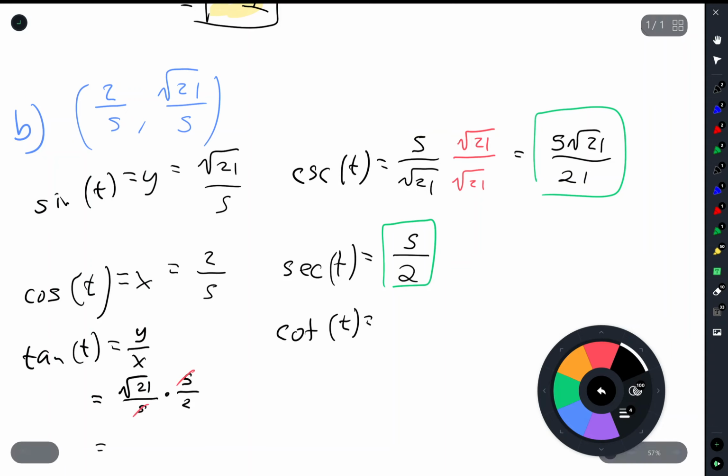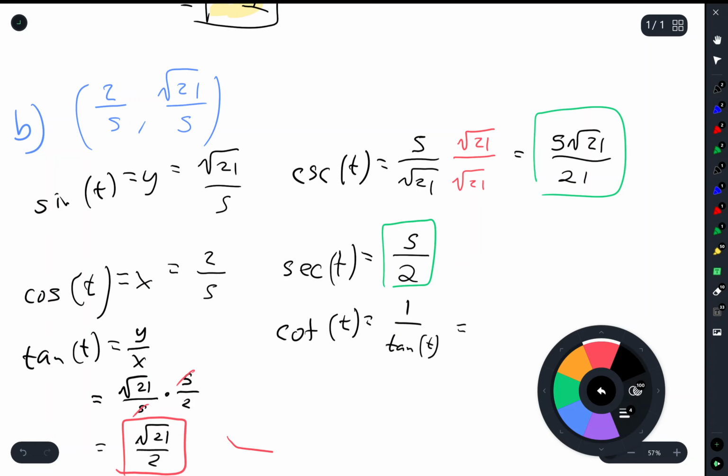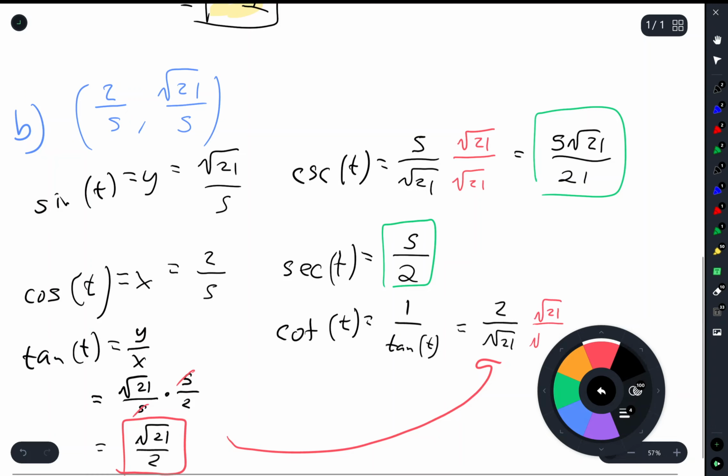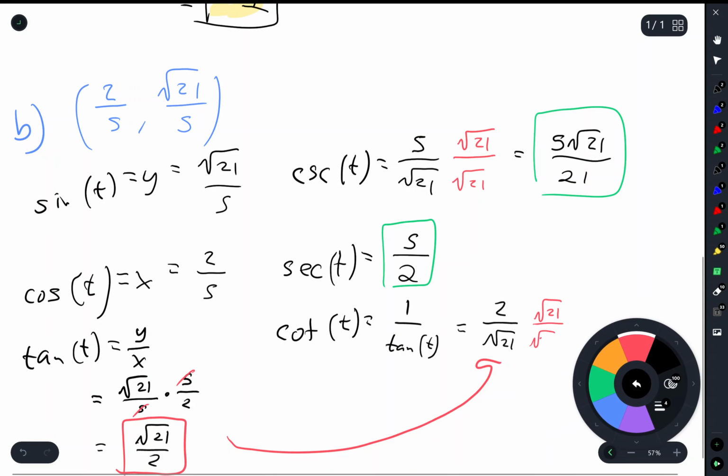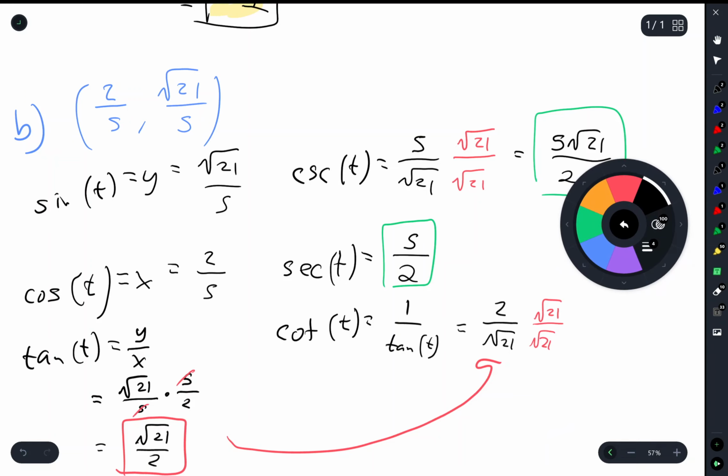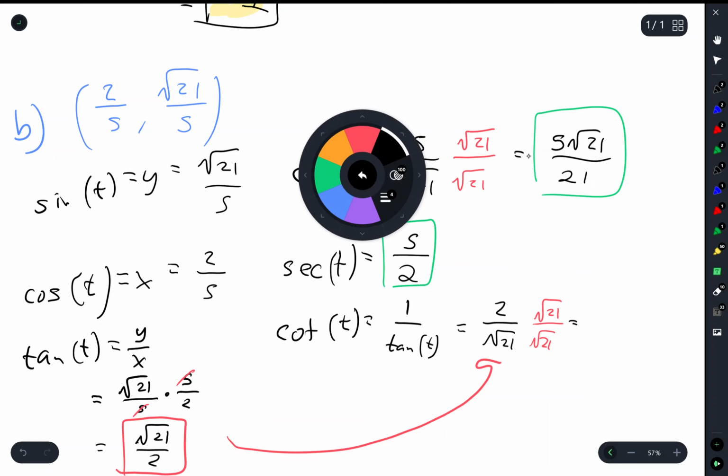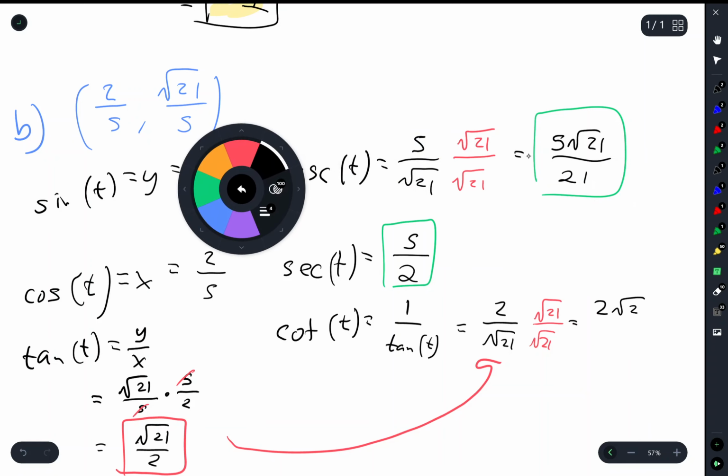Those reduce to 1, and you're left with root 21 over 2. Okay, now cotangent, of course, I can use the fact that it's the reciprocal of tangent of t. What that means is I can just get this value and flip it. And of course, I'm going to have to do the same thing with the radical I always do. I multiply by my fancy version of 1, which is just radical 21 over radical 21. And you get 2 root 21 over 21.